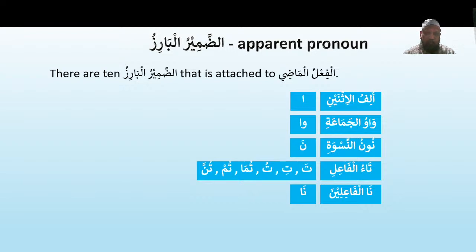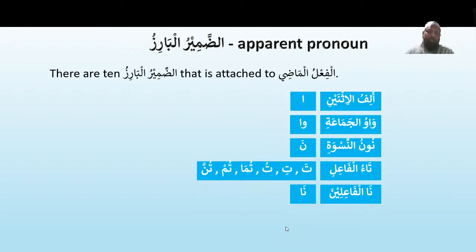Now adding the الضمير المستتر, total we have, count them again, 9, isn't it? 10. 1, 2, 3, 4, 5, 6, 7, 8, 9, 10.